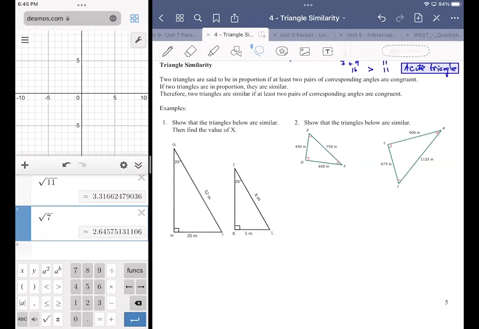You can also think of it as, if they look the same, except one is smaller or bigger than the other, then they're probably similar. We just want to be able to prove that they are.